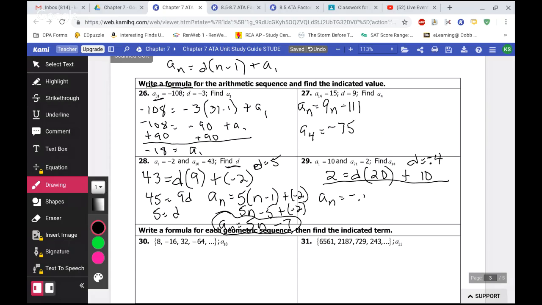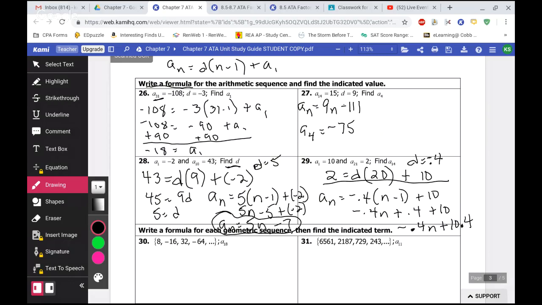Negative point. The first time I worked this, I forgot to put my negative. Really messed me up. Negative 0.4n plus 0.4 plus 10. So our formula is negative 0.4n plus 10.4.